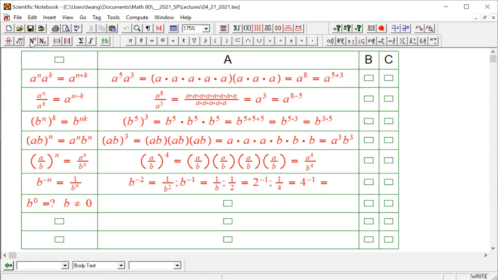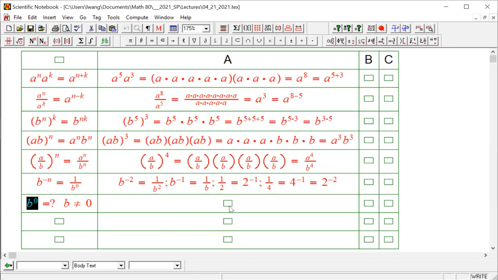It can also be written as 2 raised to the power of -2. You can see all of these for practical purposes. And now, what value should be assigned to b to the power 0?